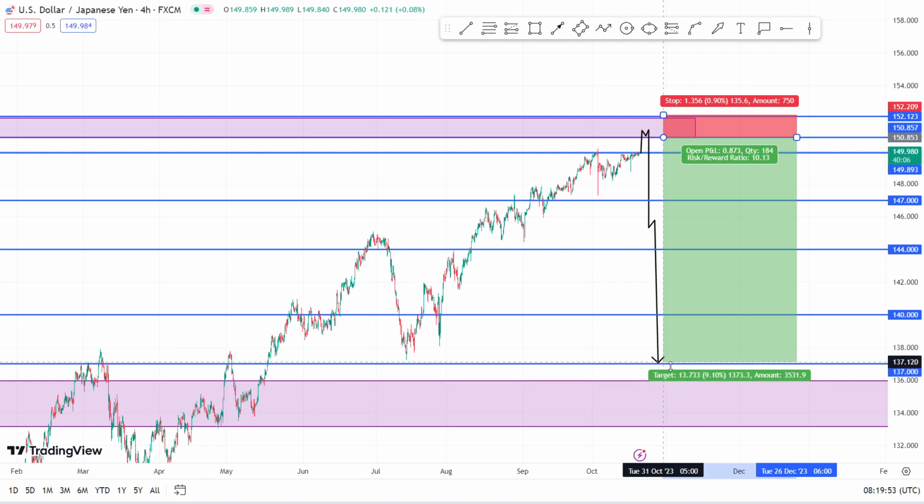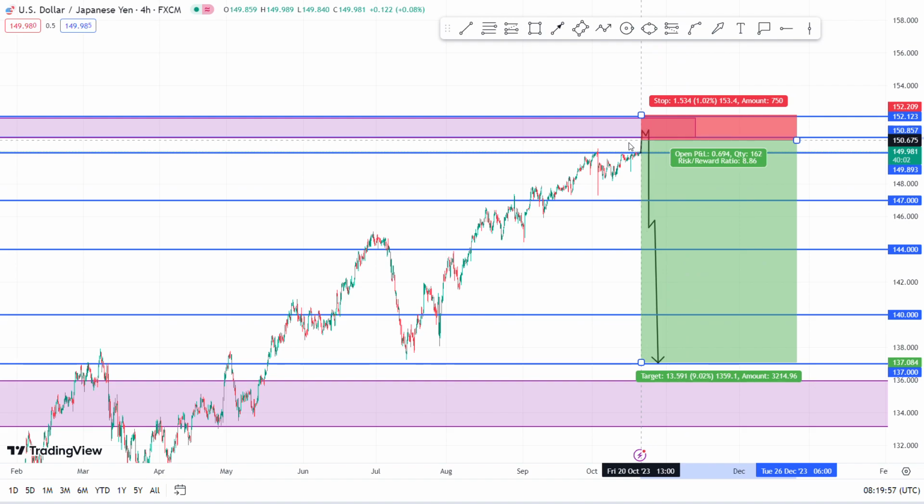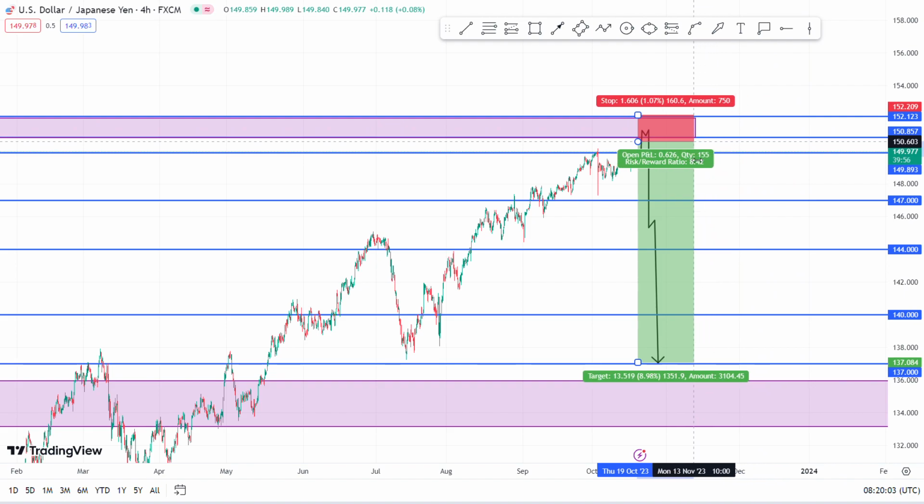Now see how you're going to risk. The risk is so minimal compared to the reward.